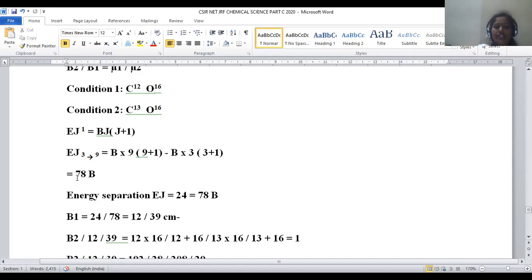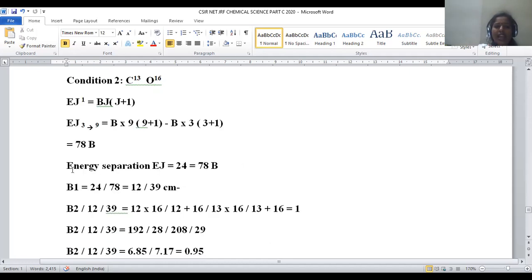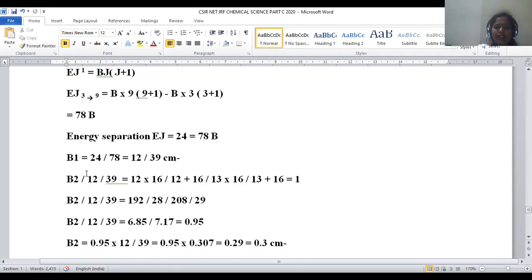If we do the calculation, it becomes 78B. The energy separation is given as 24, so 24 is equal to 78B.